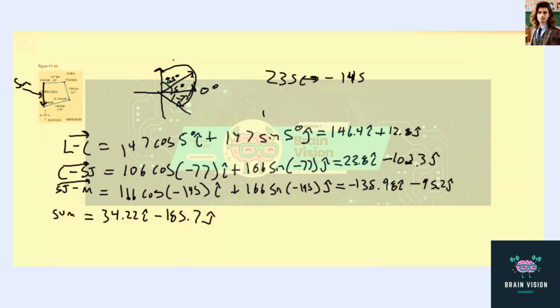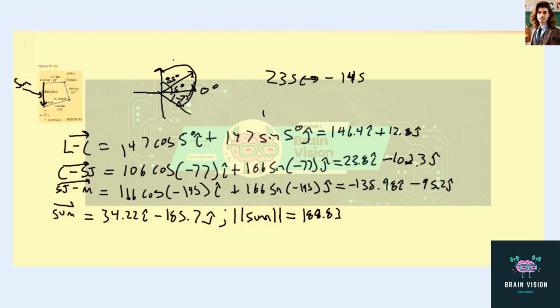And the magnitude of the sum, so that's the length, how long the sum is, this vector sum, is just the square root of the squares of these two components, which equals 188.83. So this is the square root of the squares of 34.22 plus the square of 185.7, just from Pythagorean theorem.